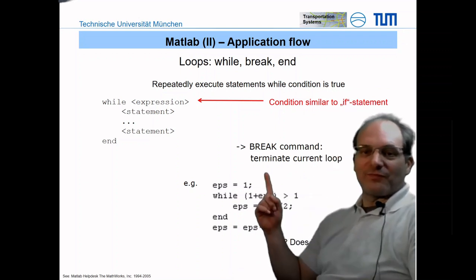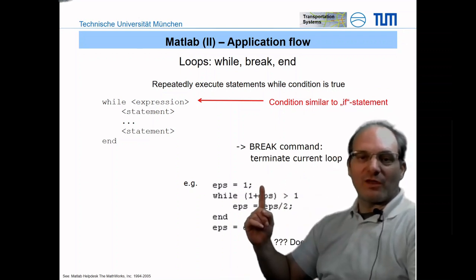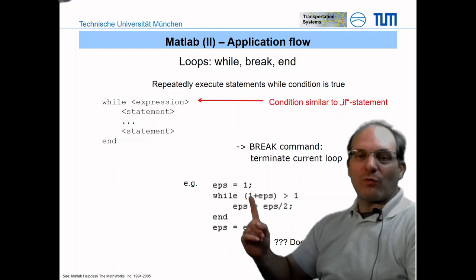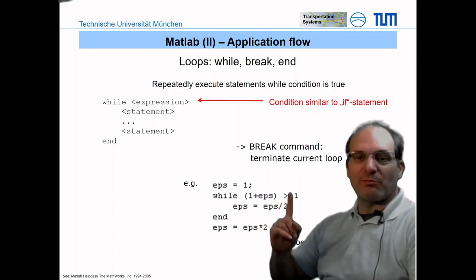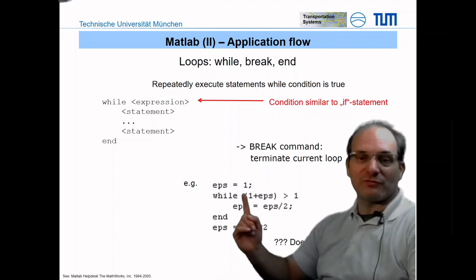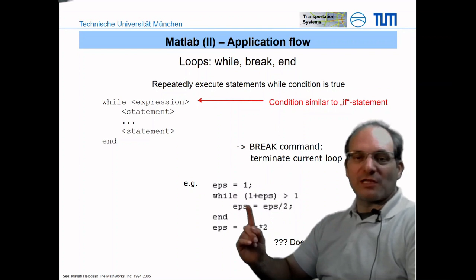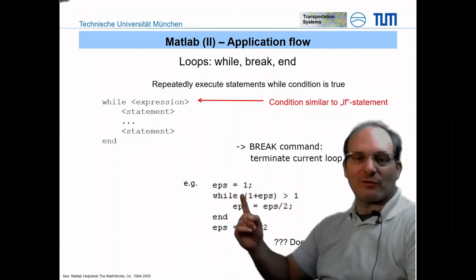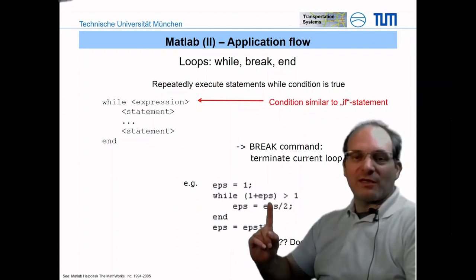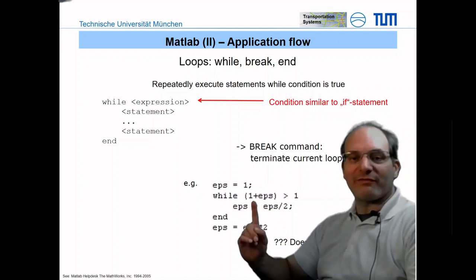So let's do it. So we start with 1. Then we do 1 plus 1 in this case. 1 plus 1 is 2, and it's bigger than 1. So this is true. Epsilon equal epsilon half. So epsilon is 1. Epsilon will be half, so 0.5.